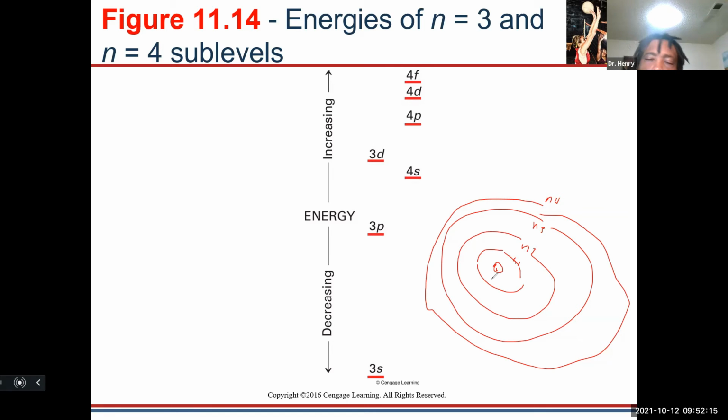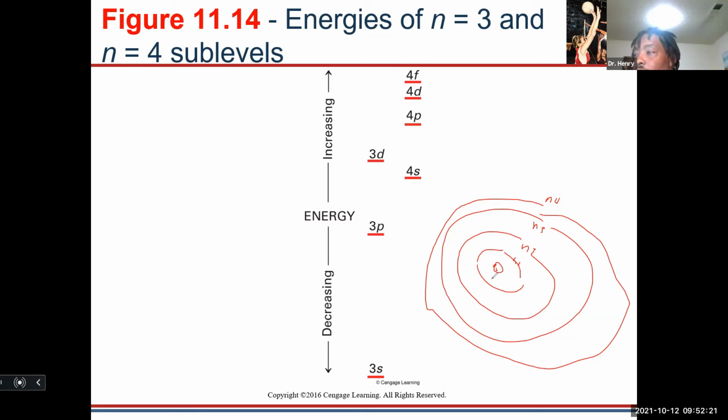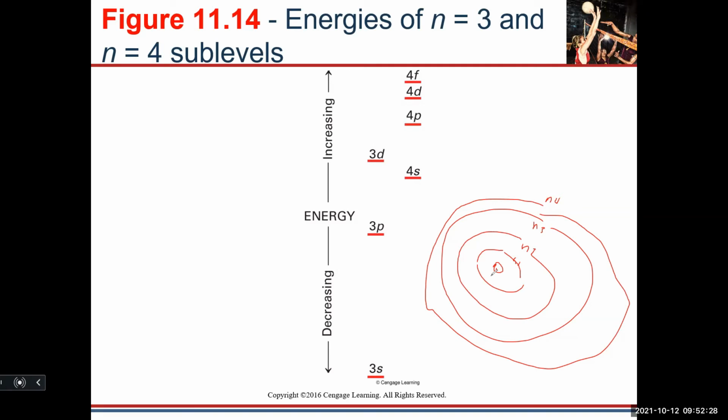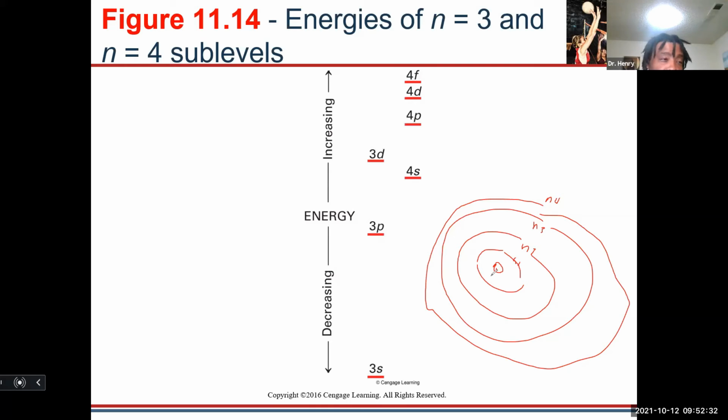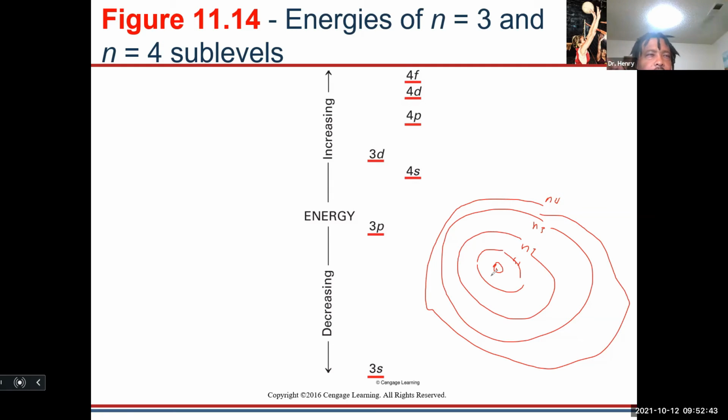So I use an analogy. It's very inappropriate, so don't be totally offended. I use the analogy of the nucleus being like a mom. A mom who has one kid is going to keep that kid really close to her. A mom who has a whole bunch of kids isn't going to have all of them close. She'll have her favorite one close, and then, probably based upon age, the others farther away.